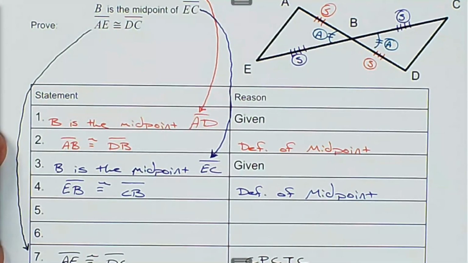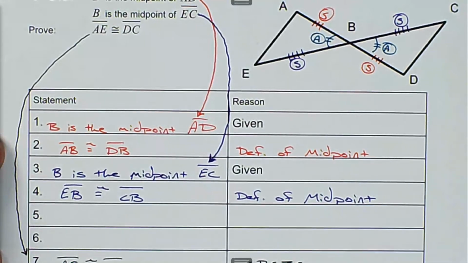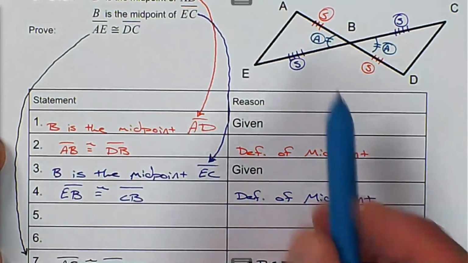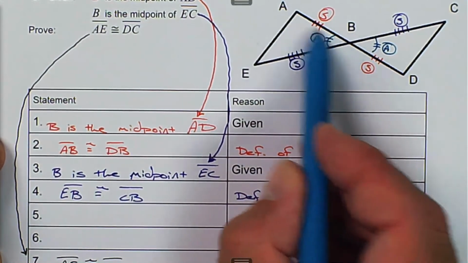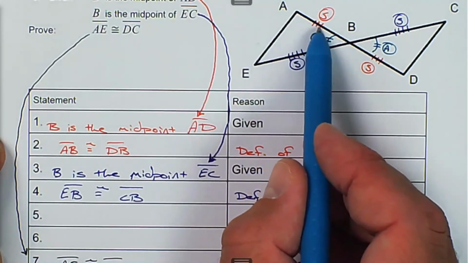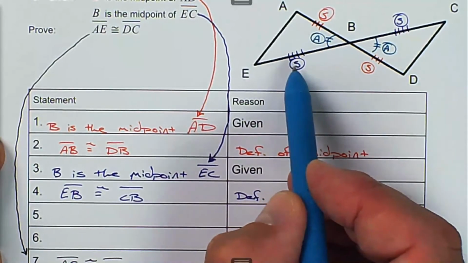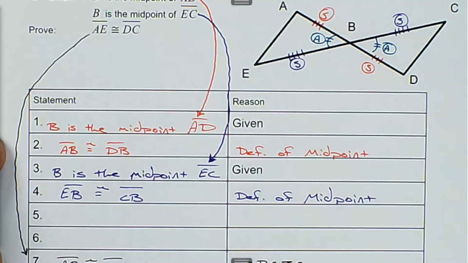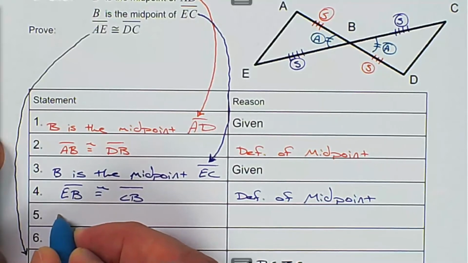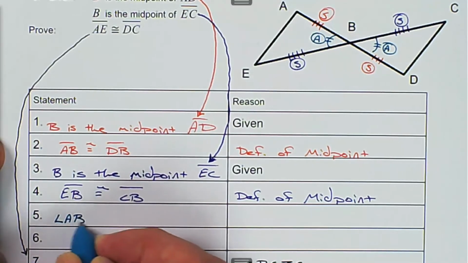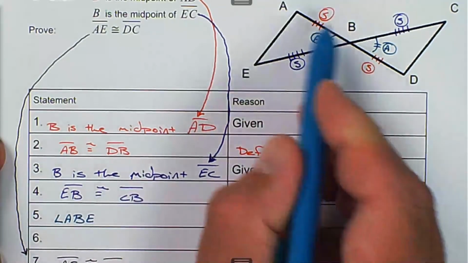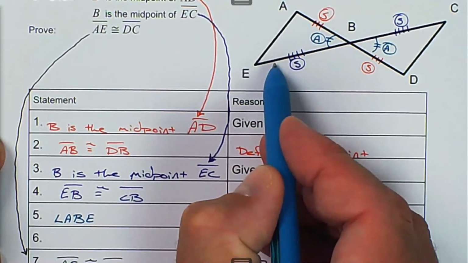So we have that angle, and now we just have to name it correctly. So this is a shorter side, and we can see that we have the 3 congruent marks. So A, B, E, so 3 to 4, and 3 to 4. So we have to name it correctly. So if we start at angle A, or angle A, B, E, so we had 3 congruent marks to 4 congruent marks.